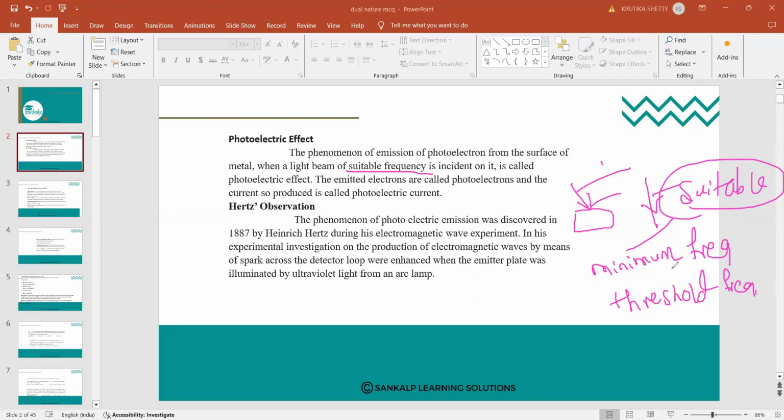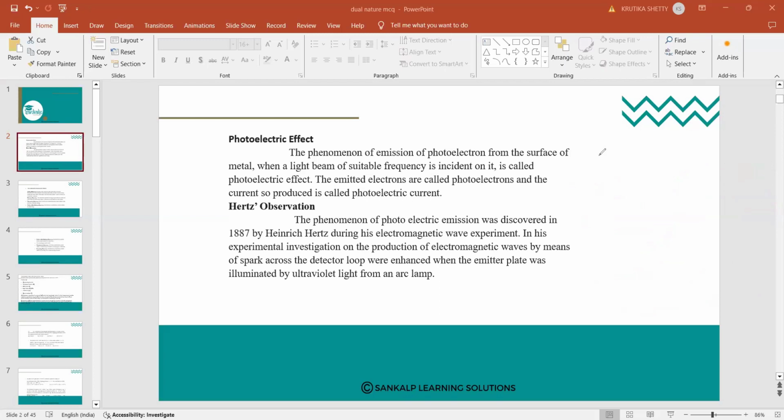For the photoelectric effect to happen, we need a minimum frequency or wavelength. That minimum value is called the threshold. So the minimum frequency is called threshold frequency, and the minimum wavelength is called threshold wavelength. Hope this is clear to everyone.